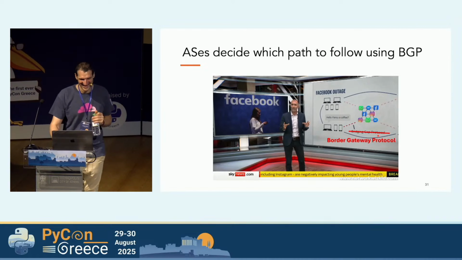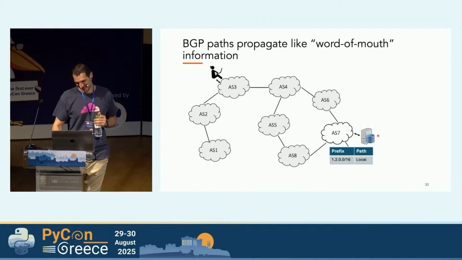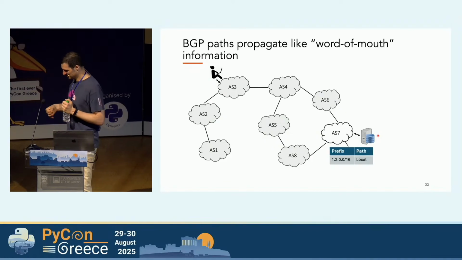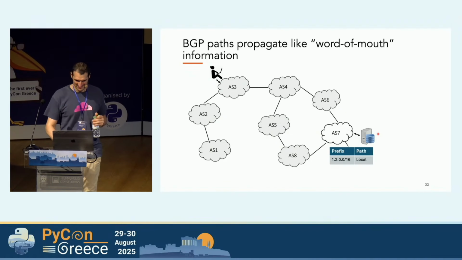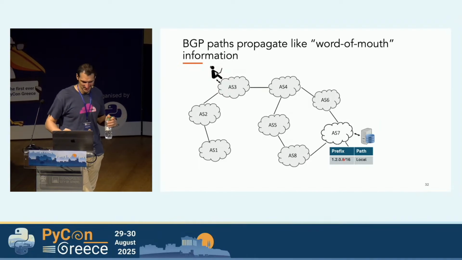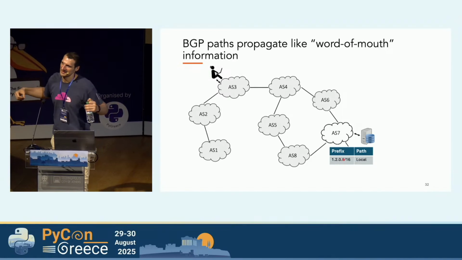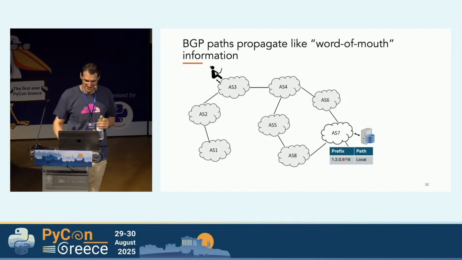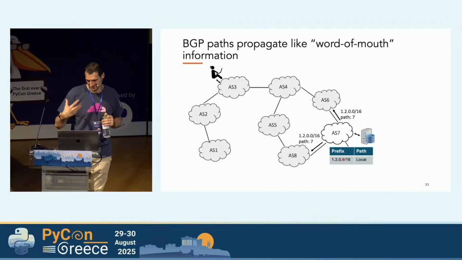So how does BGP work? BGP works like word of mouth. So you have an autonomous system, like A7 here, that has a prefix, and it wants to say to its neighbors that you can access these IPs. A prefix is a set of IPs, right? You can access this set of IPs through my network, and it will send this message out.